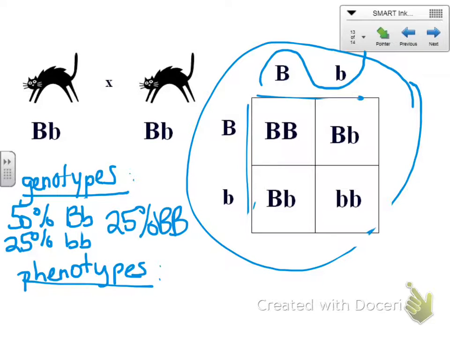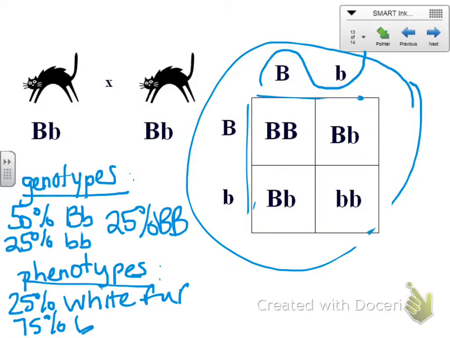Addie? 25% white fur and 75% black. Good. Here is a prime example where your phenotypes don't necessarily match your genotypes. You've got different percentages, but both of them add up to 100%.